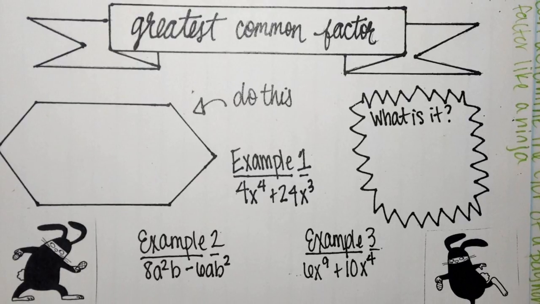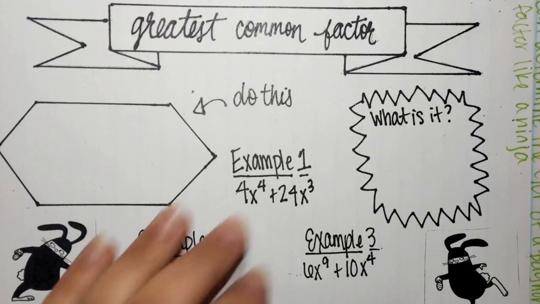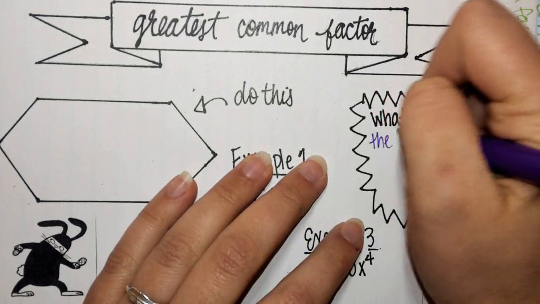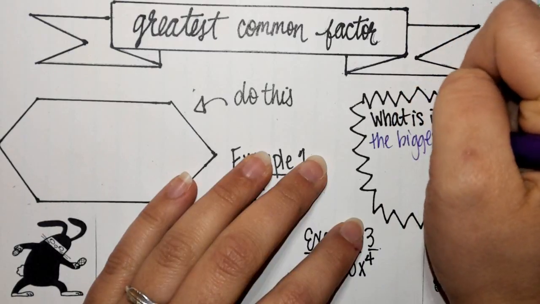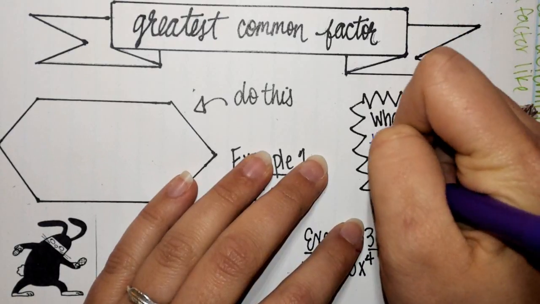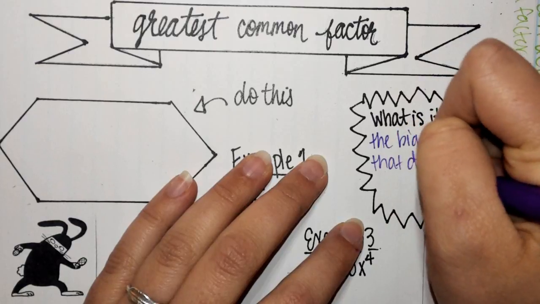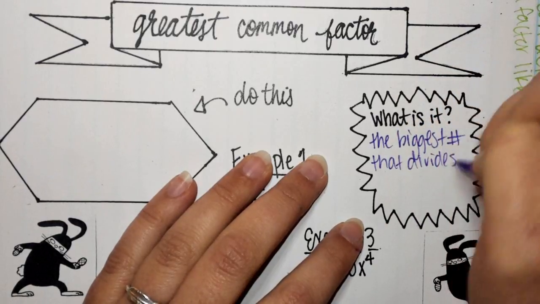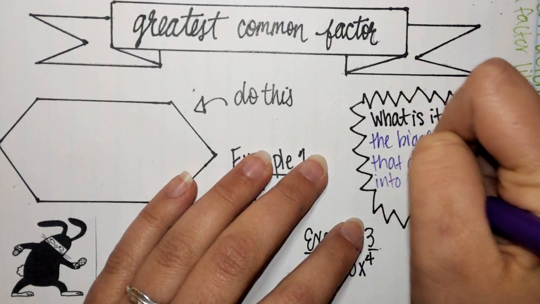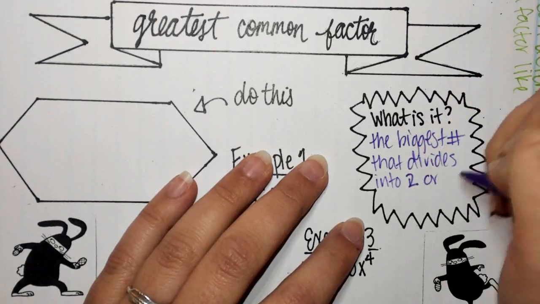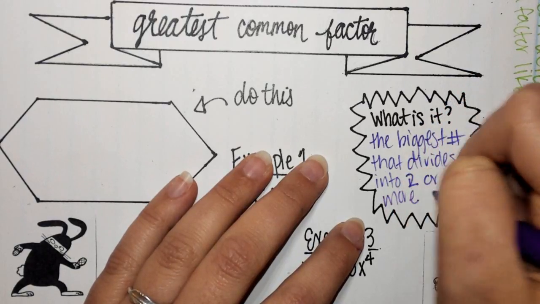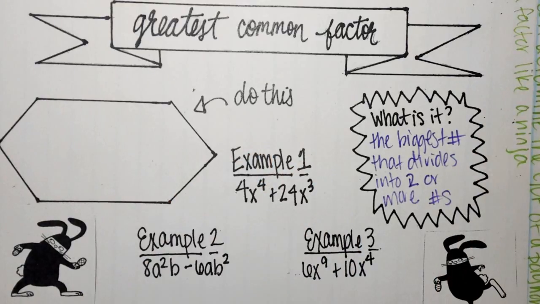Alright, so the greatest common factor, what we said a minute ago, is the biggest number that divides into two or more numbers.